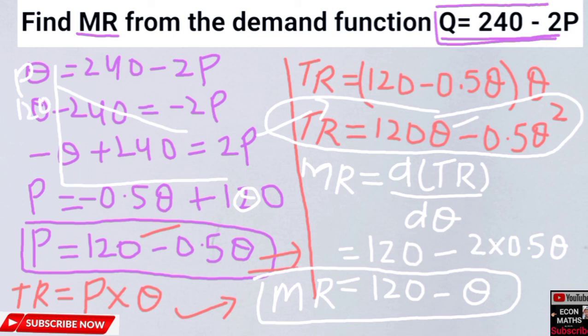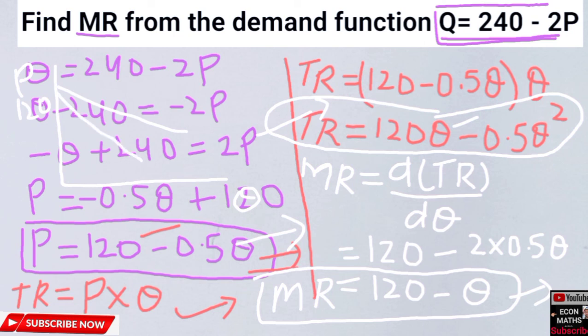Now the marginal revenue has also the same intercept, that is 120. So marginal revenue will have the same intercept, but the slope of the marginal revenue is twice that of the inverse demand function.